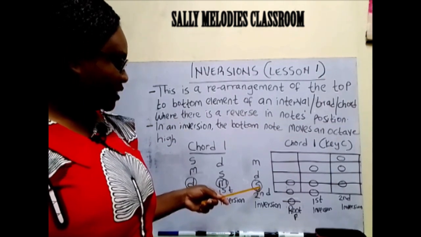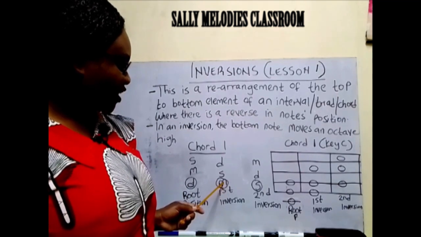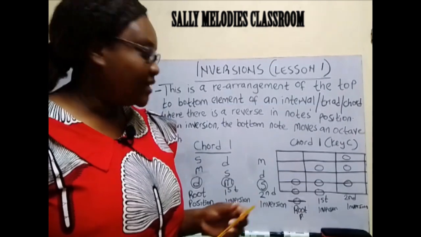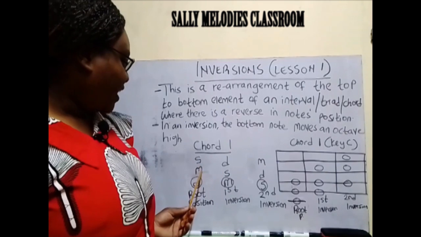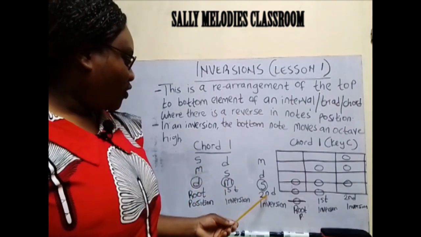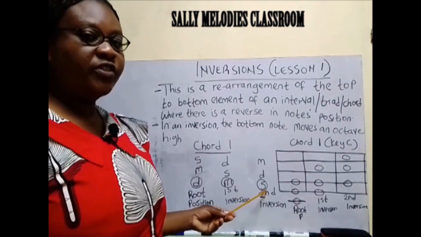So when it is like that, whatever was here on first inversion goes an octave high. So in short, we say that in first inversion, the third takes the root position. In second inversion, the fifth comes here and takes the position of the root.